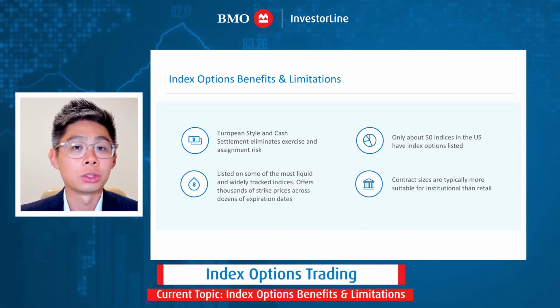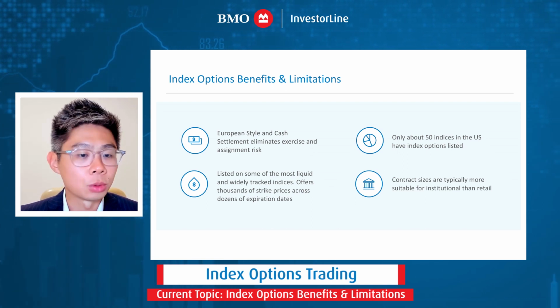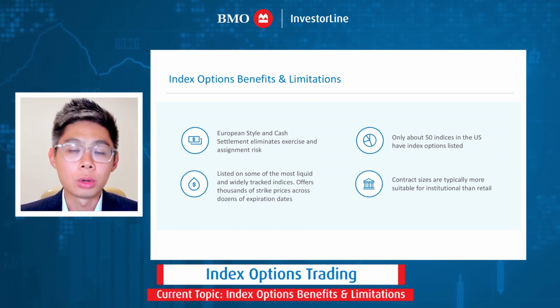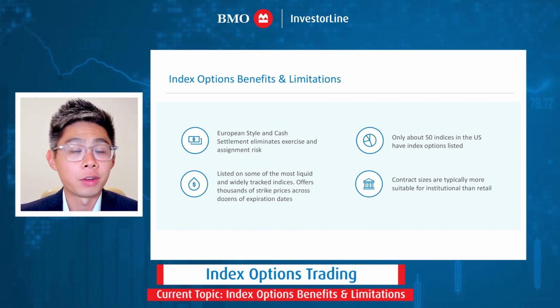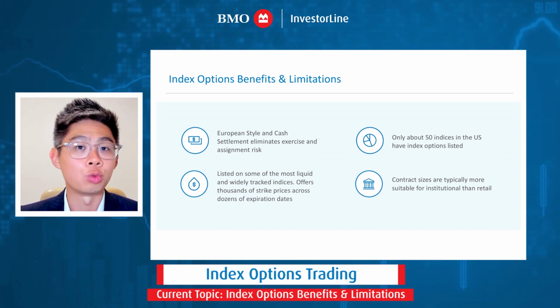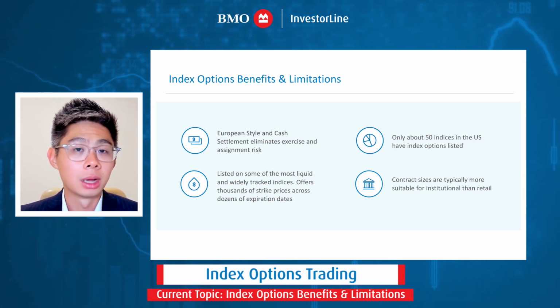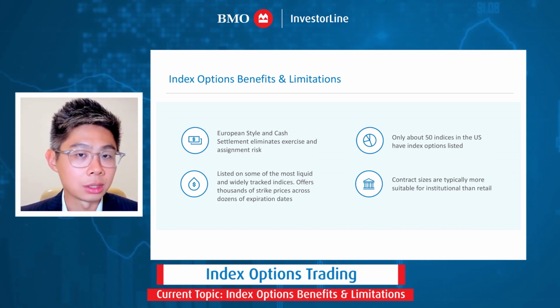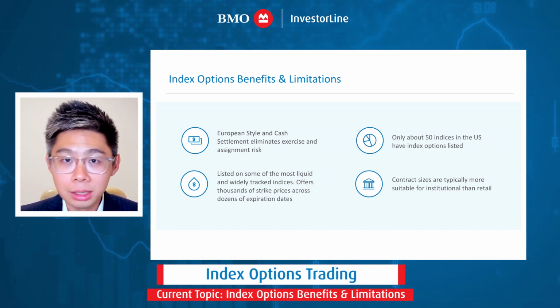The index options listed on those products are some of the most liquid, which means that you can trade them with a fair amount of certainty that liquidity will not be a problem as a retail trader, because many of these option contracts have billions of notional value traded every single day. So plenty of liquidity.